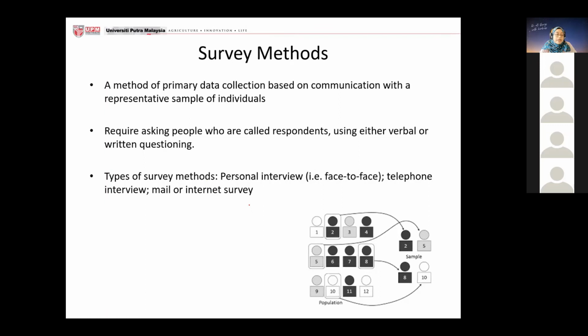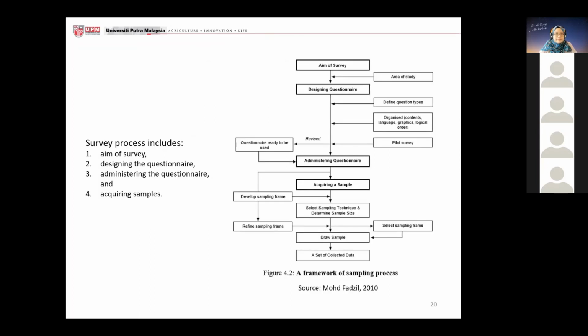There are many ways to do that. And if you've watched the sampling methods, there are ways you can proceed with sampling, how you want to approach it and how many respondents you should have. Those are very relevant when we talk about survey methods.